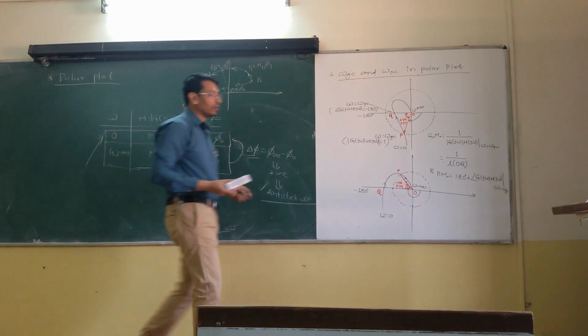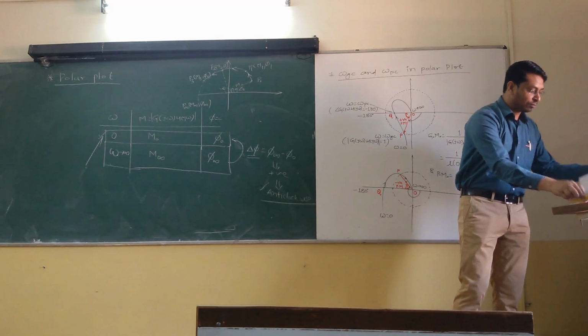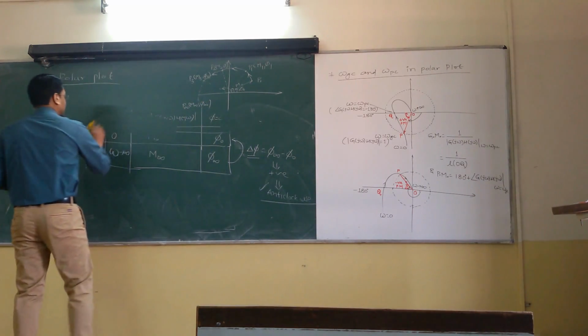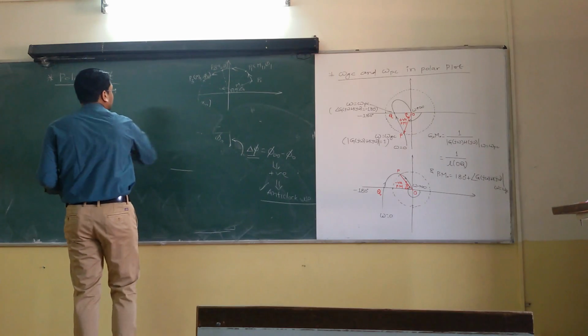So I am going to take one example that says: sketch the polar plot of the function G(s) equal to 1 plus sT. So one question is there.